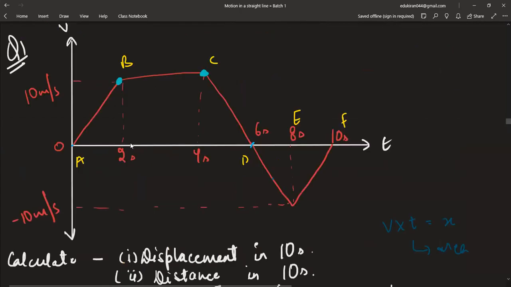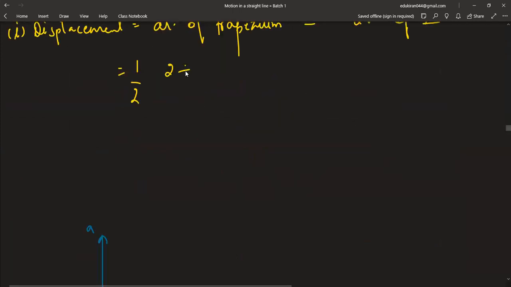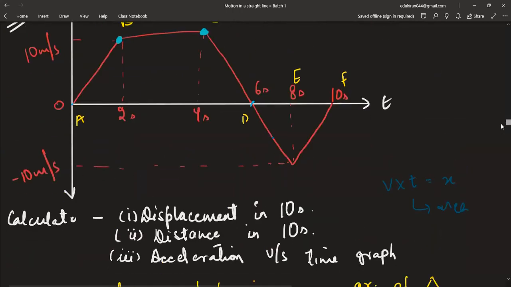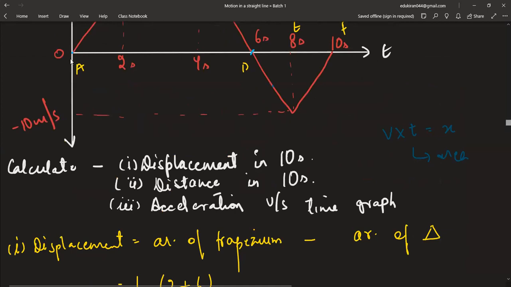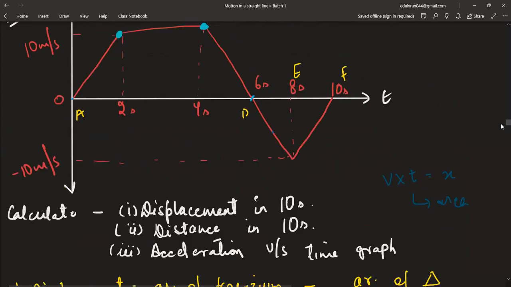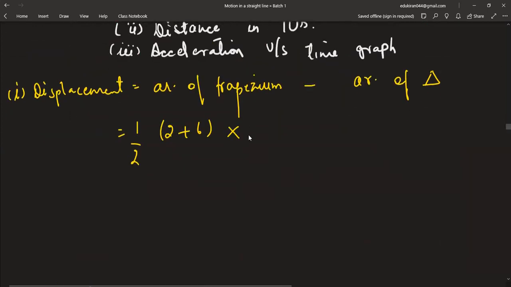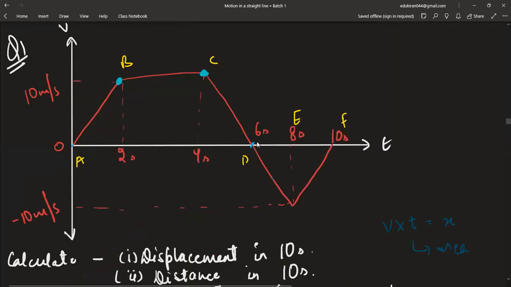This is how much? 4 minus 2. This is 2. And this is how much? 6. So 2 plus 6. Then height. Height is 10. This is already given. So multiply by the height. Minus half into base into height. What is the base? What is the height? See, base is 6 to 10.